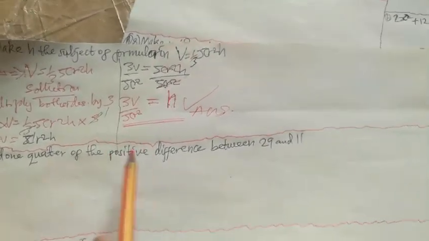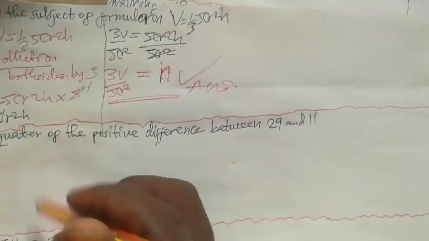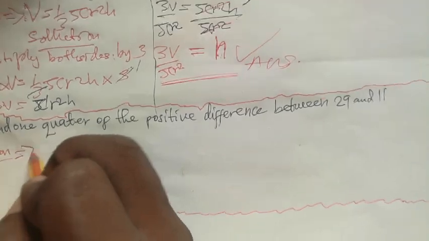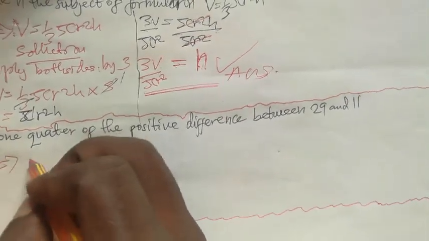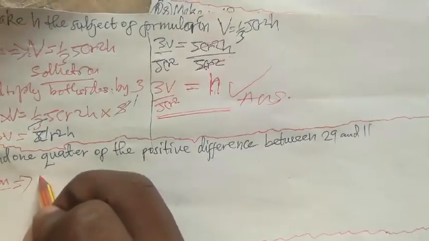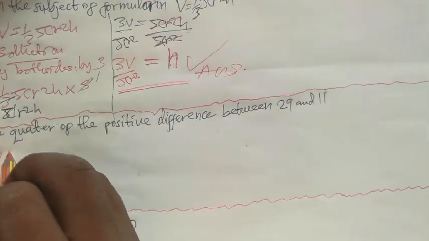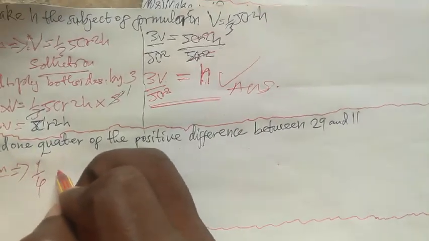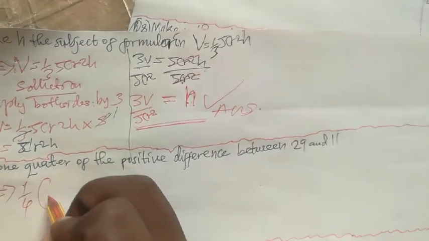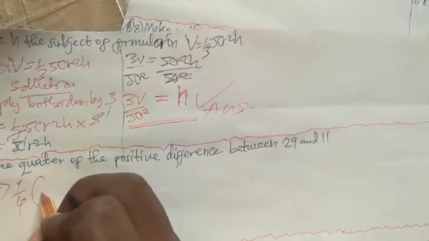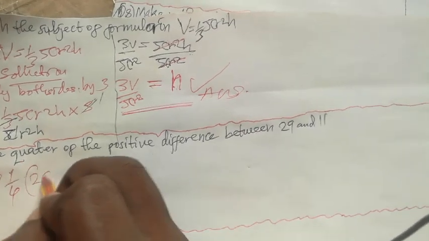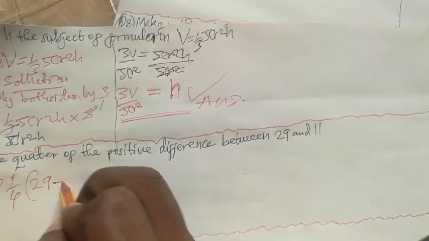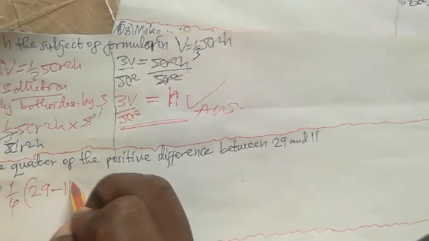Solution: the required value is a quarter of the positive difference between 29 and 11.